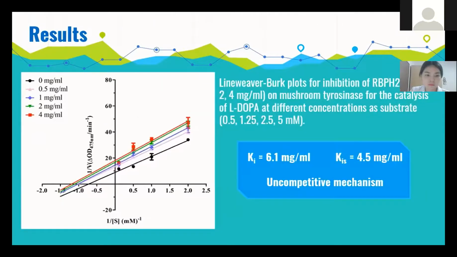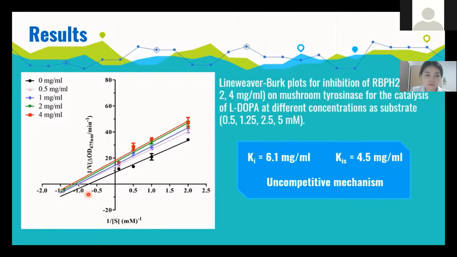This figure shows the Lineweaver-Burk plot with and without RBPH2. The plot shows a pattern of parallel straight lines. The values of Vmax and Km decreased, but the ratio of Km over Vmax remained unchanged or slightly decreased.